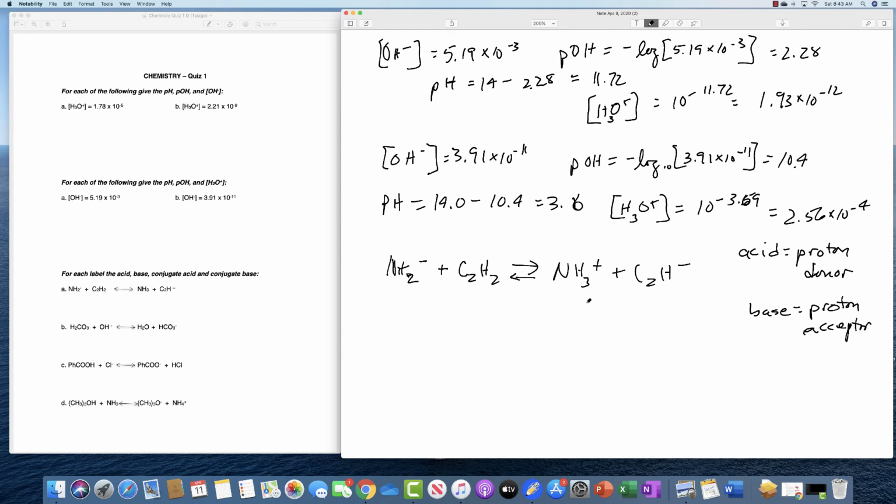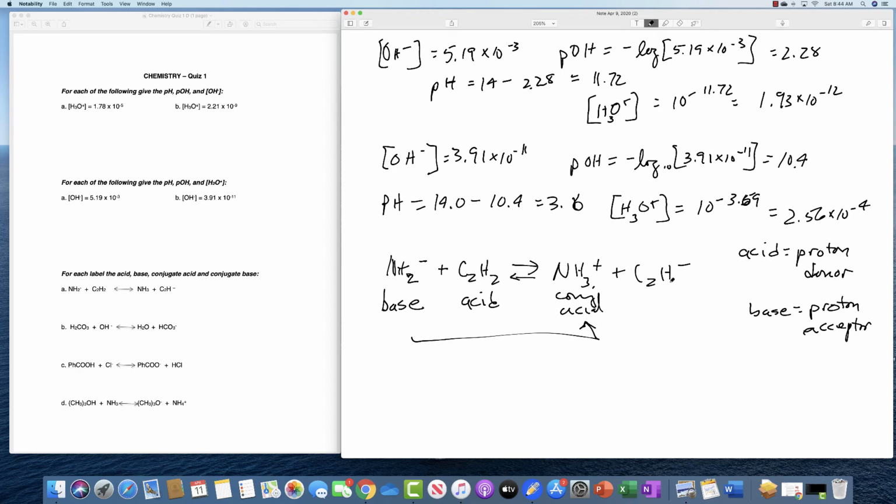And so, if you look here, this gains a hydrogen going from here to here. So this has to be the base. And this loses a hydrogen, so it donates a hydrogen, so this is the acid. And then going the other direction, going from right to left, this loses, so it is the conjugate acid.